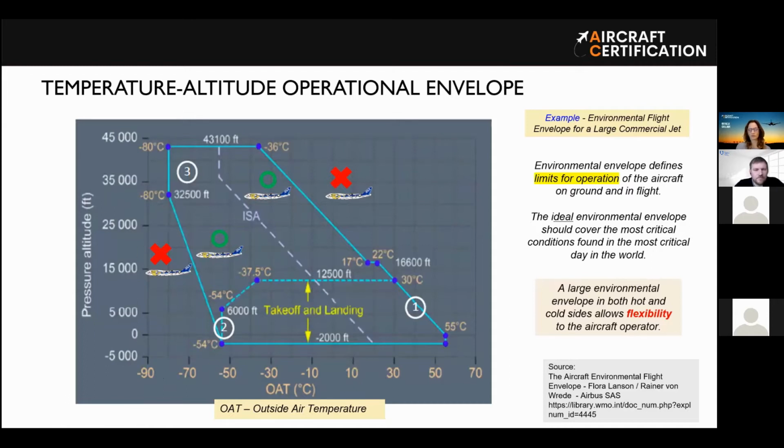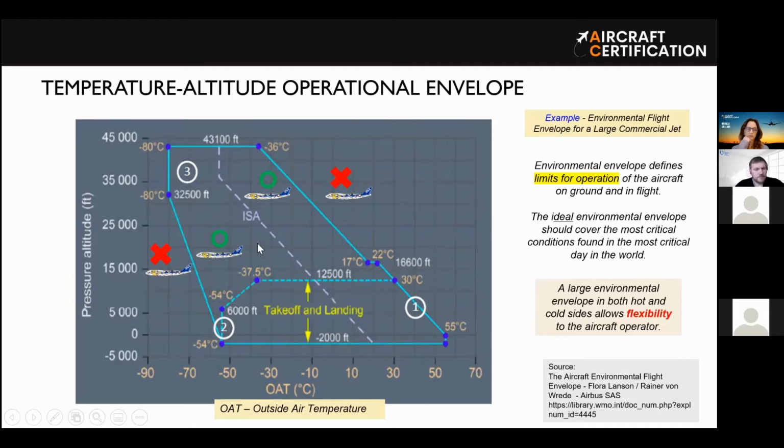Normally, the aircraft has to define a region, which I show in blue here, and if the aircraft is flying inside this region, it's okay. If the aircraft flies outside this region, it's not okay. Of course, for the aircraft operator, the ideal scenario is that this region is as large as possible, because that means they have flexibility.